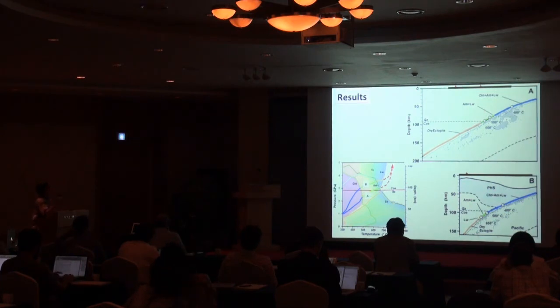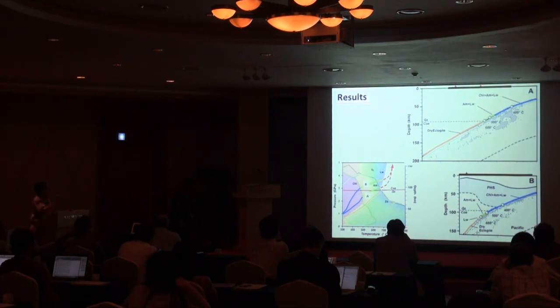This is the same result, but with the temperature projected onto the cross-section of each subduction zone. Here are 400, 500, and 600 degrees. And this is also 400, 500, 600 for Kanto and Northeast Japan.